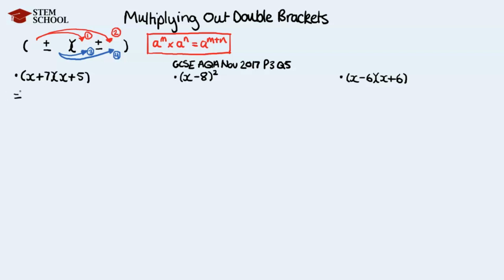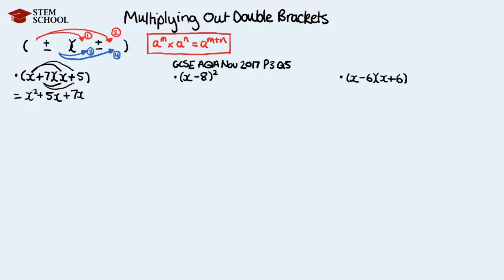Let's use this method. So we have x times x first of all, and that will be x squared. We use the rules of indices, just add the powers. Then we have x times positive 5, so that will be positive 5x. And then we'll do positive 7 times x, that'll be positive 7x.